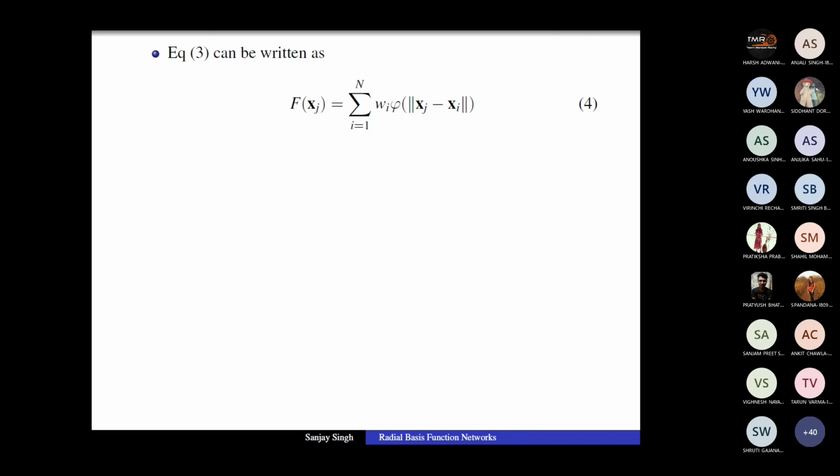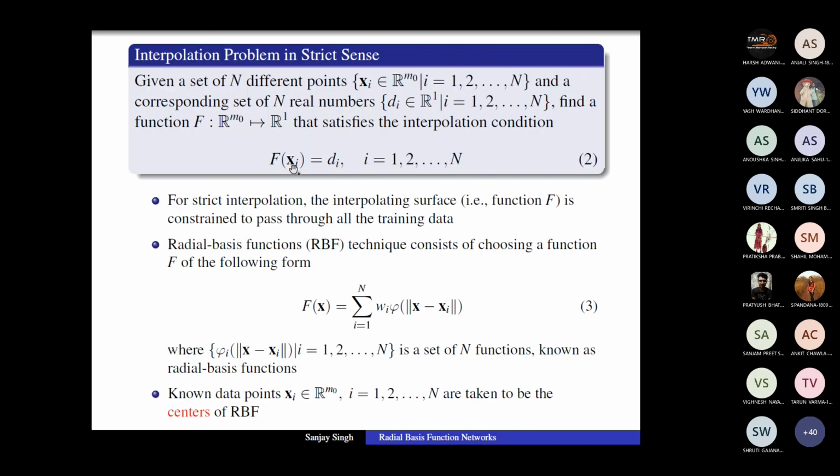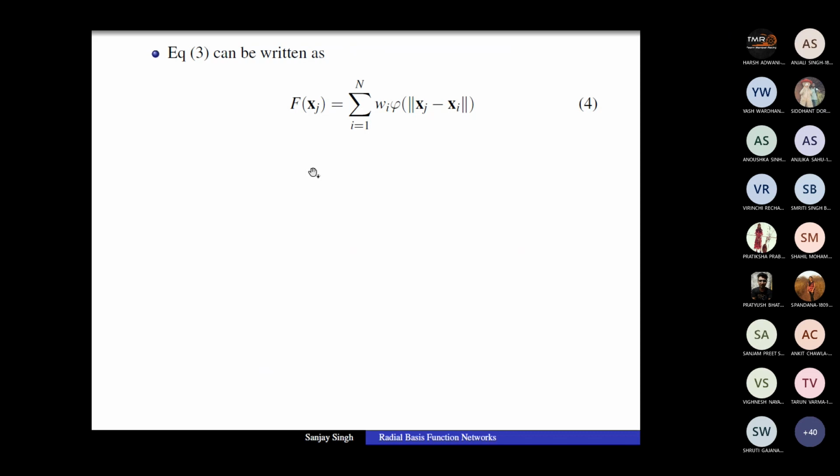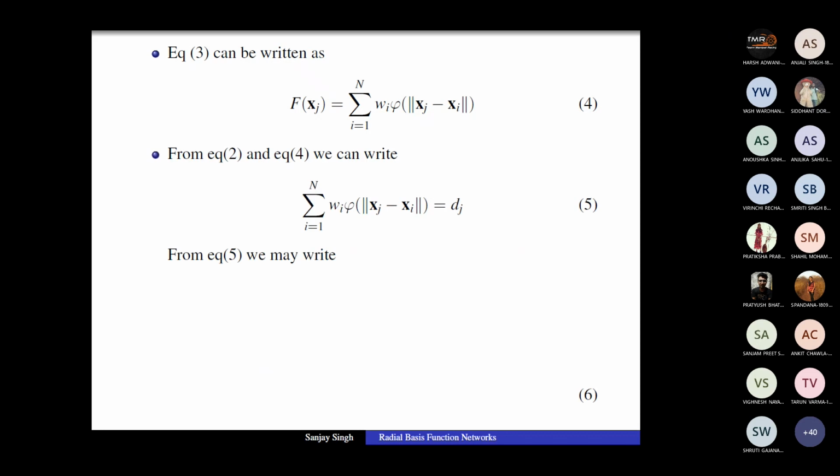Now in this equation, if I plug in the relation 2, that is f of xi equal to di, what I mean to say is, if I put xj here, I should get the value dj. That is the meaning of it. If I plug that in, I can write this. Is it clear to you where this dj is coming from? Yes, sir. Okay, good. Thank you.